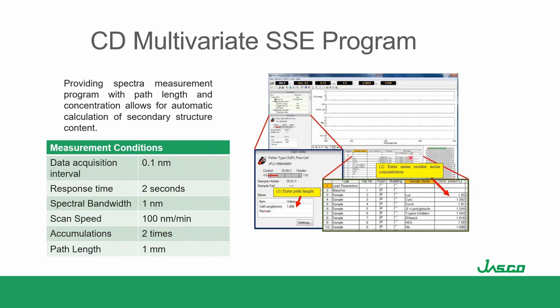And then we can also give it our mean residue molar concentrations for each sample before the analysis takes place. The secondary structure estimation software is going to take this path length and this molar concentration, input those in order to get our ellipticity spectra, and then automatically calculate the secondary structure percentages from those values that we've given it.